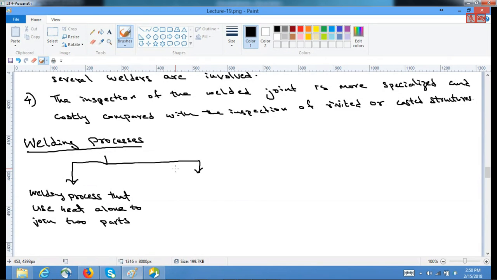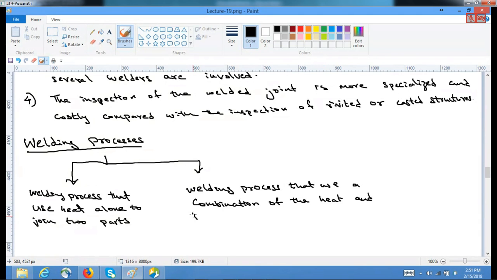The other one is welding process that uses a combination of heat and pressure to join the two parts.